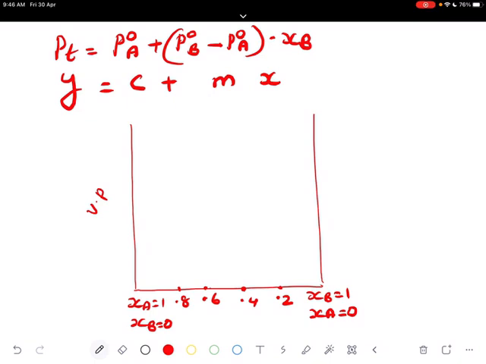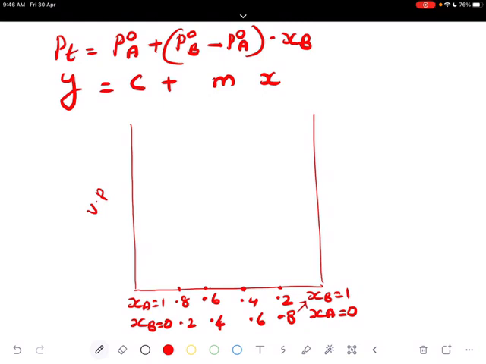Or if you are increasing XB, that is 0, 0.2, then 0.4, then 0.6, then 0.8, then XB is equal to 1.